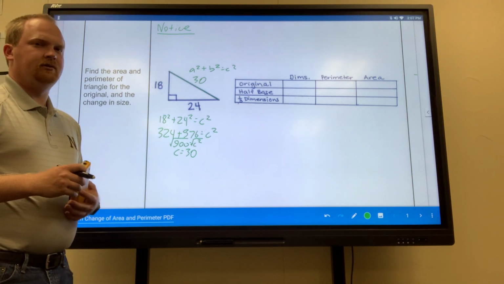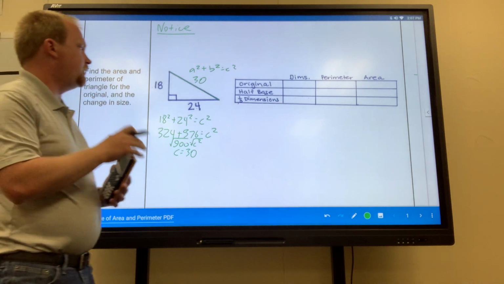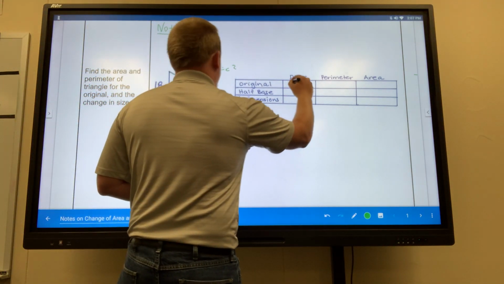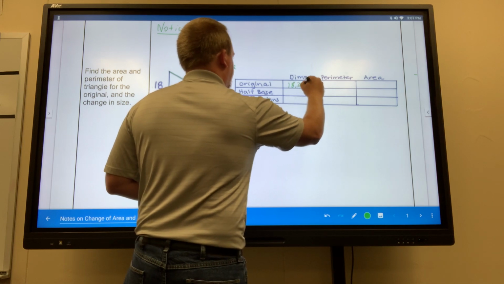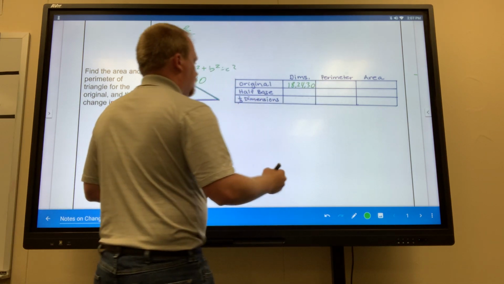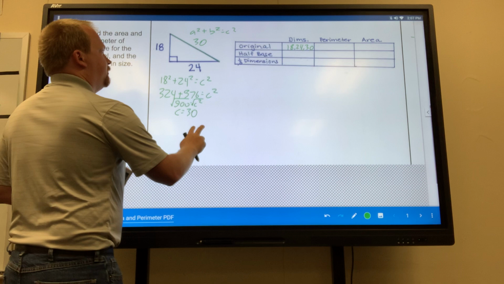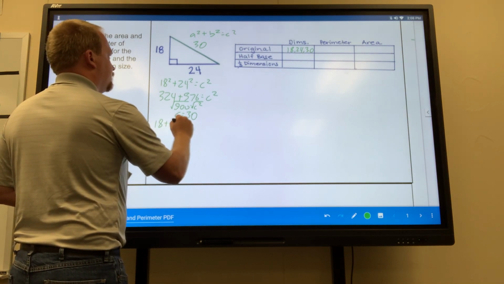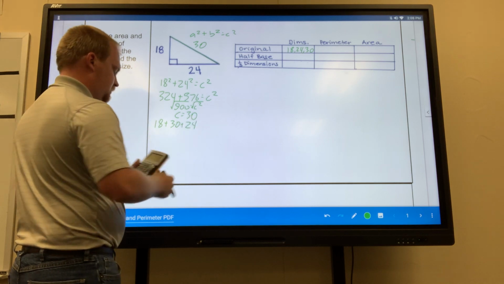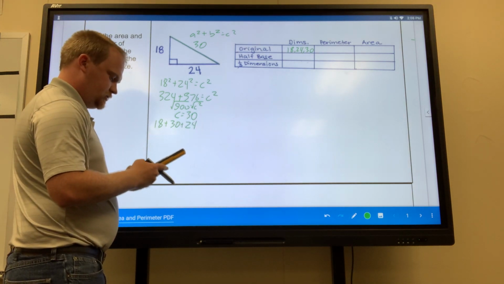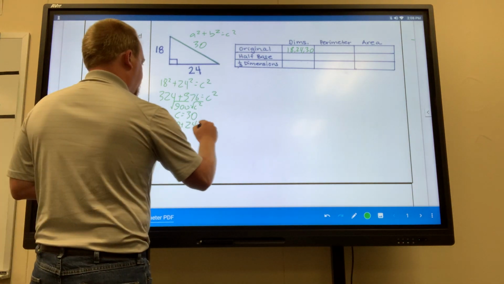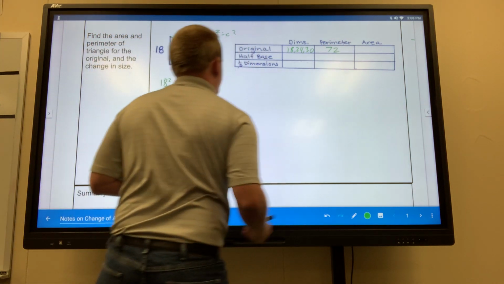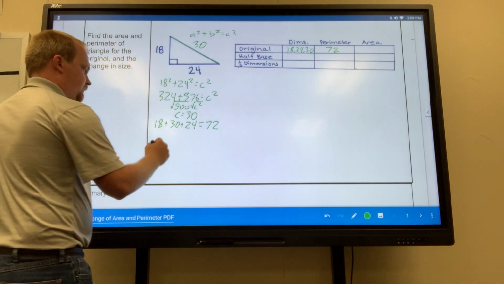All right, and that's a length of 30. So the original is pretty much 18, 24, and 30. So if I want to find the perimeter, I'm just going to move it up to give me some more room. 18 plus 30 plus 24. Add them up. My perimeter is 72. Now, how do we find area?